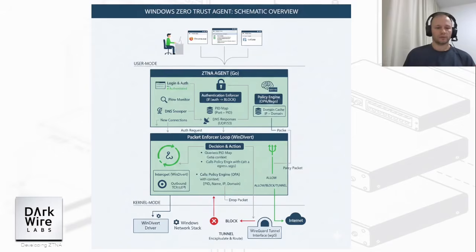The third rule is also for authenticated users only. It's to permit the Firefox browser to access any domain but route traffic via a VPN tunnel. And the last rule is to deny all other outbound HTTP and HTTPS connections from any other Windows processes.